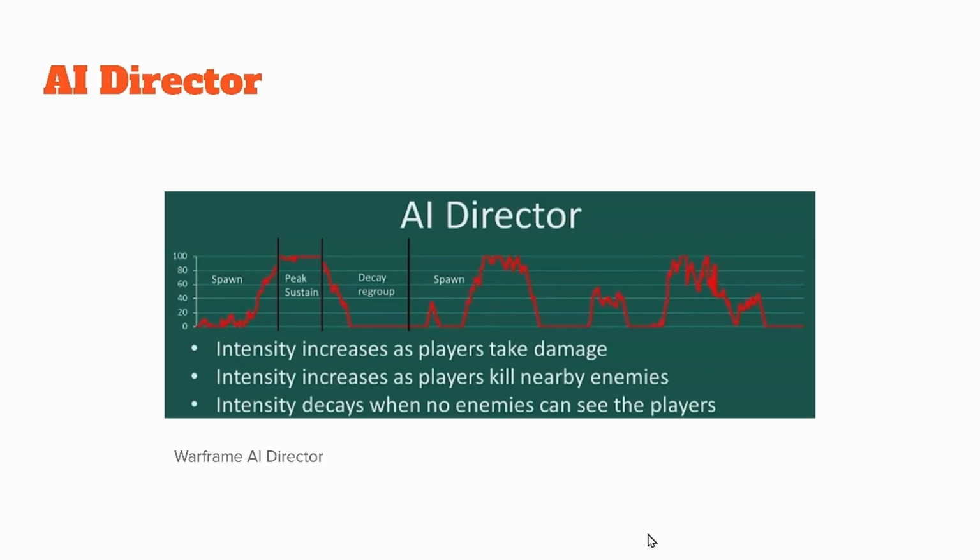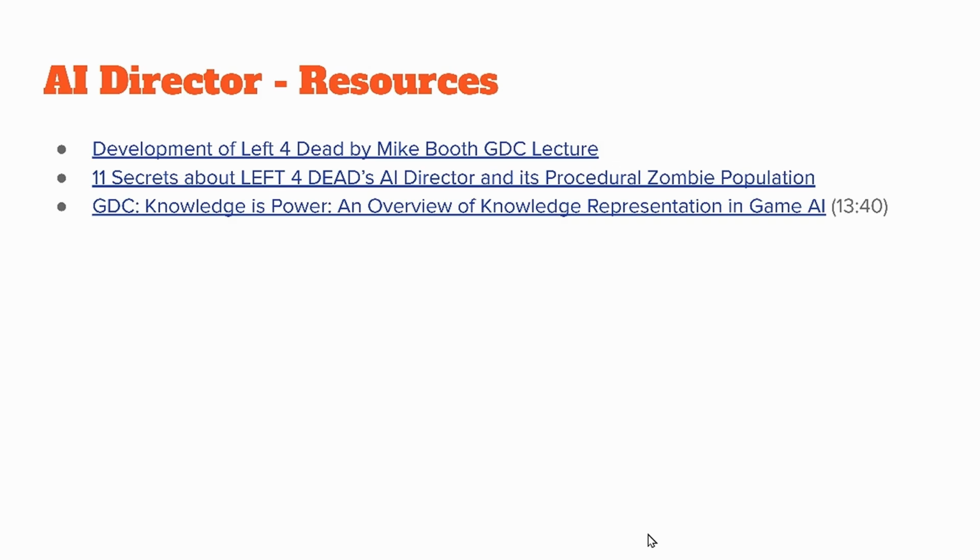You can use this in shoot 'em ups, bullet hells, any kind of game where you need an ebb and flow in the amount of action. Here are some resources for AI directors if you are interested.